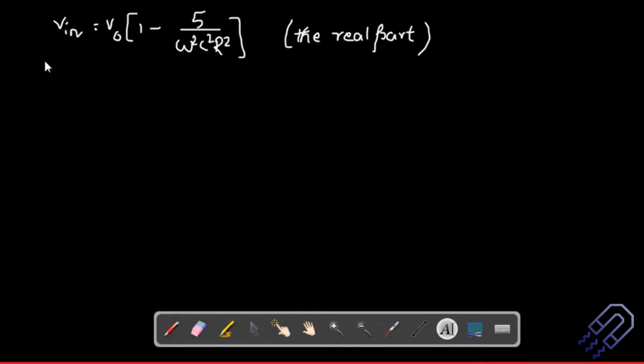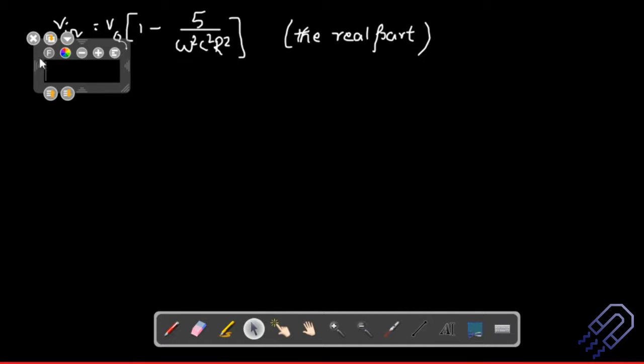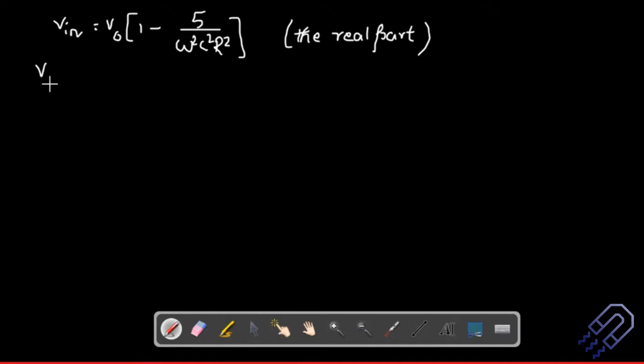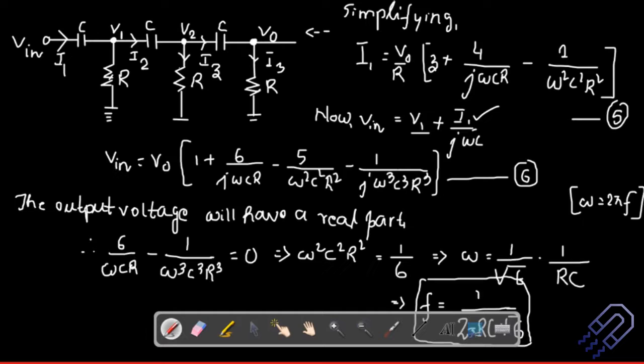V in, we can further simplify this. V in is equal to V naught into the bracket, 1 minus 5 divided by omega square, right? If you remember from the previous slide, our omega was 1 by root 6 into 1 by RC, so omega square will be 1 by 6 R square C square.